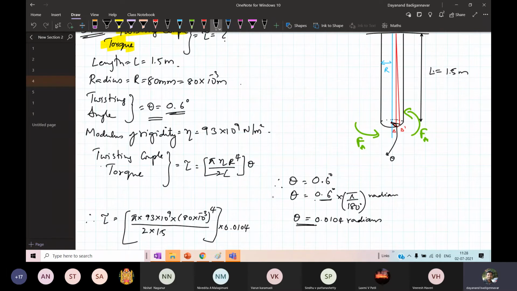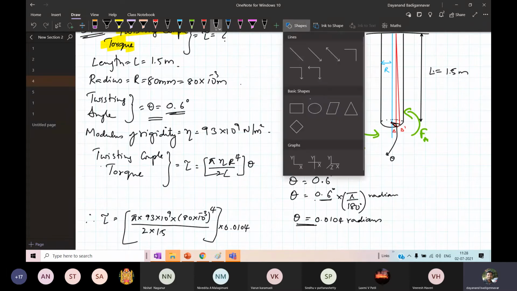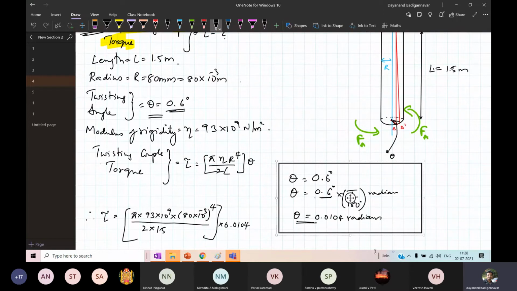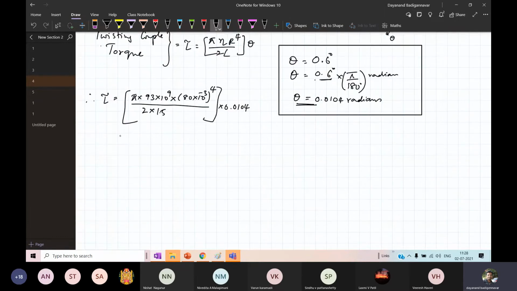Just for your reference. If you calculate the tau, has anybody done this calculation?